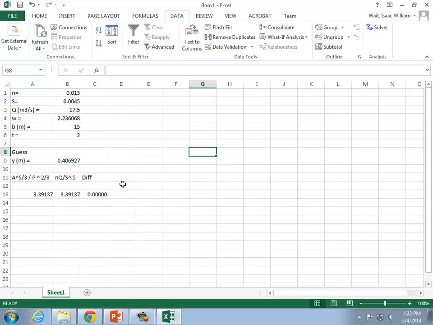The denominator, 15, 2.407, 2.2361, to the 2/3 power. 6.565. And the ratio, 3.392, which is what we were going for. So yes, it does work out. That depth is the correct flow depth.